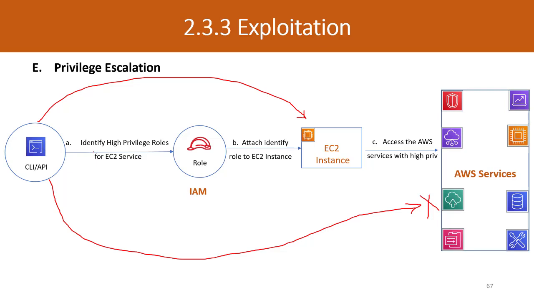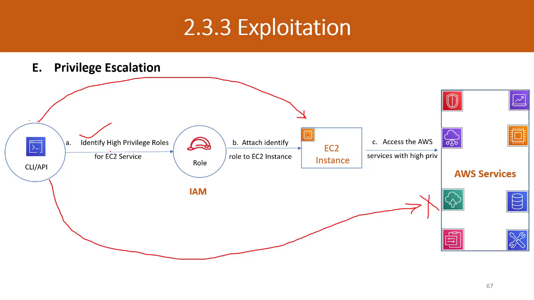So first we have to identify how many instance profiles there are. This is the first thing you have to do. First we identify, okay, there is a higher privilege profile. That means it can perform much more access on the AWS services than the initial one.